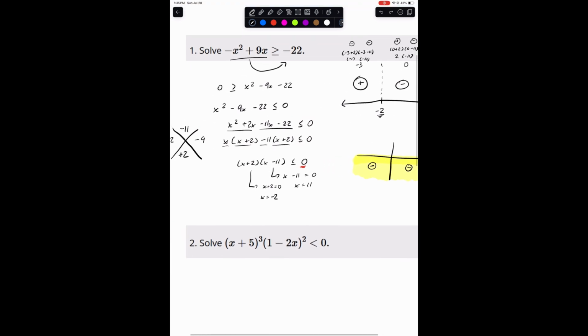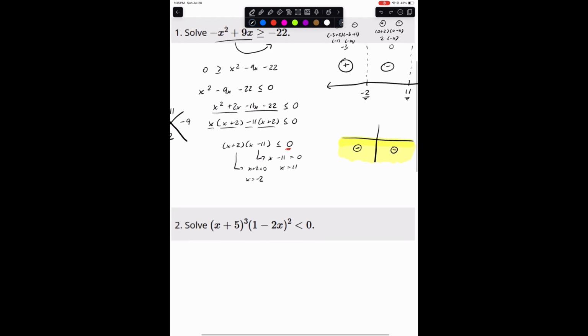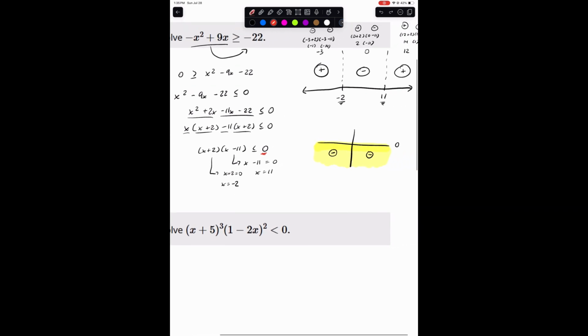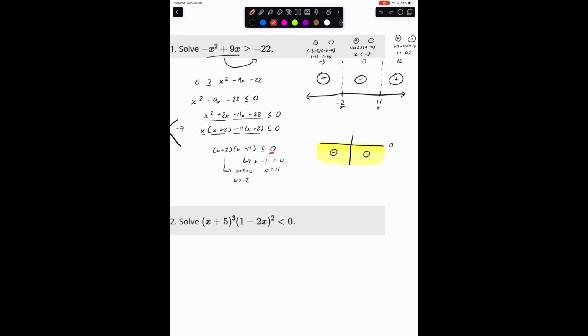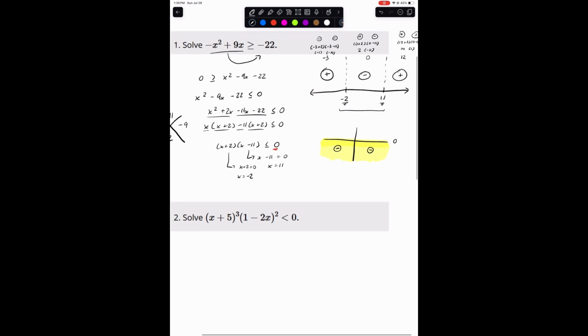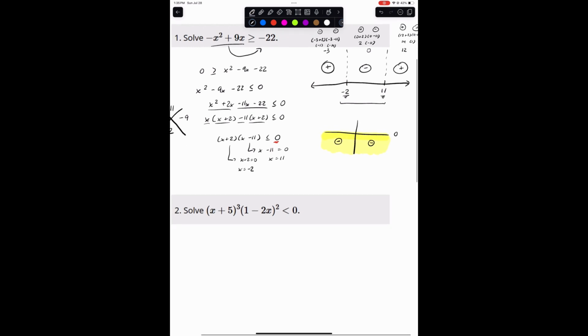So we're looking for less than or equal to 0. Less than 0 means negative, so we want this region right here. We would write negative 2 inclusive to 11 inclusive.